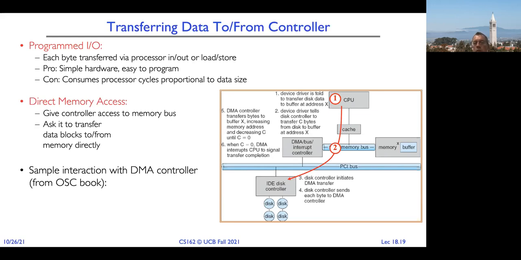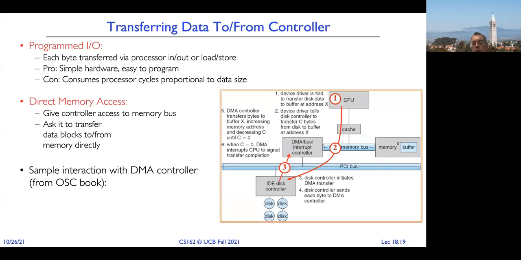Now, under the hood, the OS is going to handle that and send a control message to the IDE disk controller, telling it, okay, you need to get this data to this address in the memory, address X.